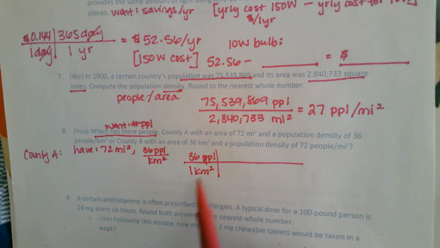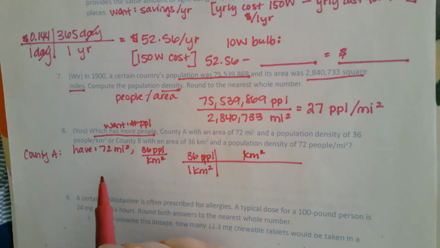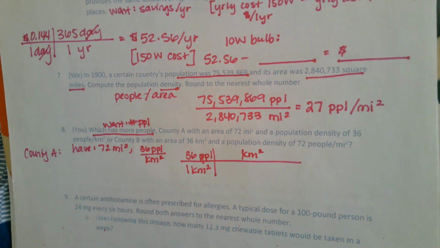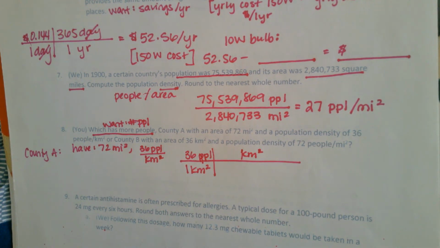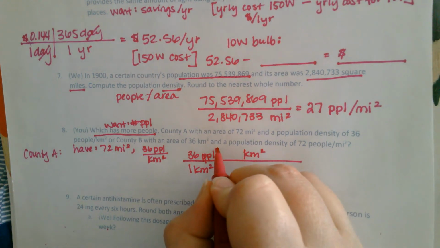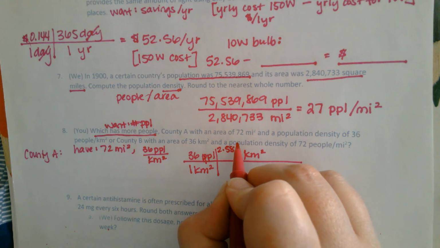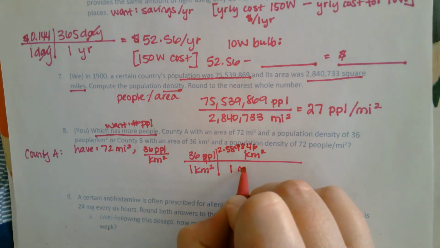And then I need to cancel out kilometers or square kilometers, but I only have square miles, which means I'm going to have to convert between the two. So we used this earlier on number 3. So if we just look back on there and get that number, we know that there are 2.589846 square kilometers in 1 square mile.